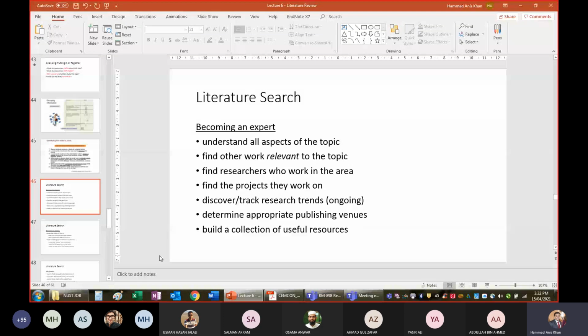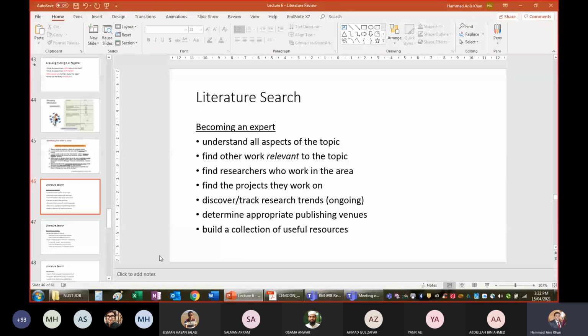You will see the researchers who are working in an area similar to what you are trying to research. You find the projects they work on, and you try to track the research trends that people are moving ahead with. In this way, you determine the appropriate publishing venues and build a collection of useful resources.